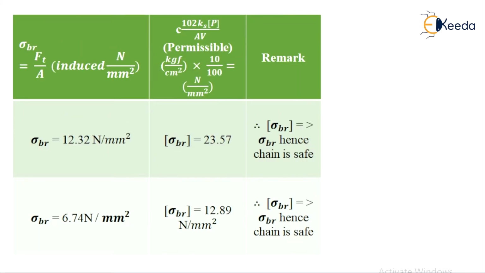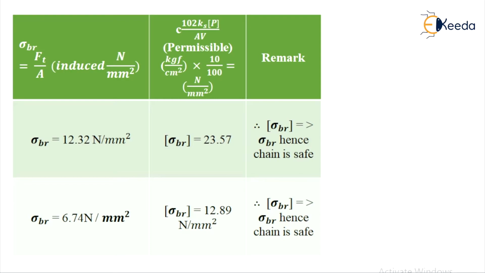Next, we have calculated sigma Br with the formula Ft upon A, which is induced stress. The value of bearing stress is calculated for the chain 16A1 and 20A1 as 12.32 Newton per mm square and 6.74 Newton per mm square respectively.